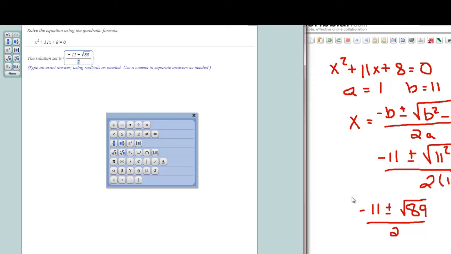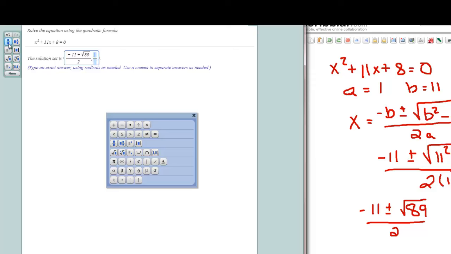And then, let's see here. Type in exact answer, use radicals as needed, use a comma to separate answers as needed. So, comma. Do they have a comma in here? No, we'll just use a comma on the keyboard. Unless I'm mistaken, let me double check. No, I don't see a comma, so here we go.